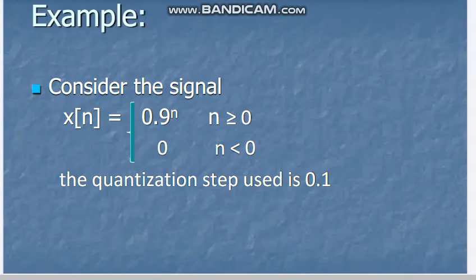So if we consider the signal like that, that is a discrete time signal, as you can see. The quantization step has been given as 0.1. That means n should be increased by 0.1, 0.2, and so on. And that is the discrete time signal.